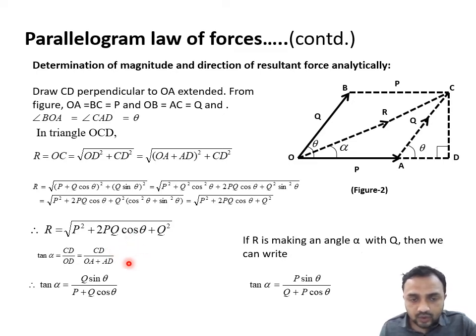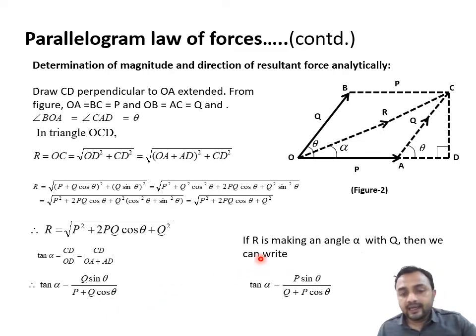CD equals Q sin theta, OA is equal to P, and AD is equal to Q cos theta. So tan alpha is equal to Q sin theta divided by P plus Q cos theta.